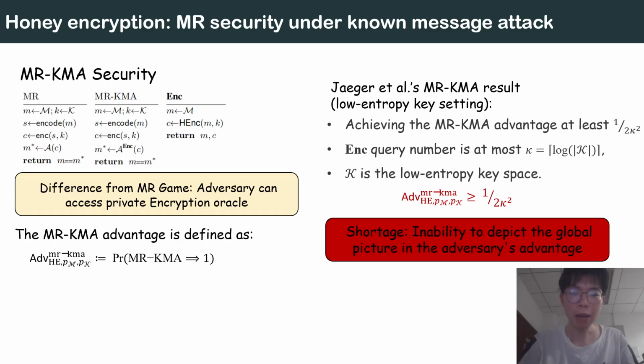When the MRKMA adversary's query number is log of K, the MR advantage is at least 1 over 2 kappa squared. The kappa squared is equal to the log of K. This result, although valuable, does not describe the global picture of the MRKMA advantage.